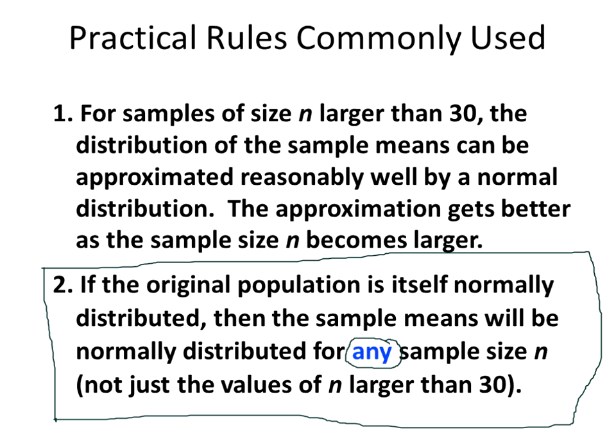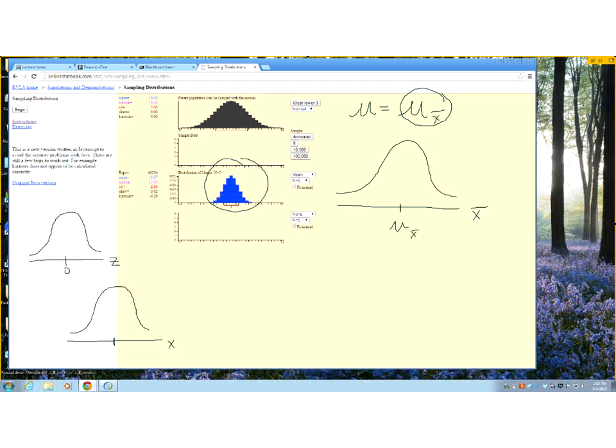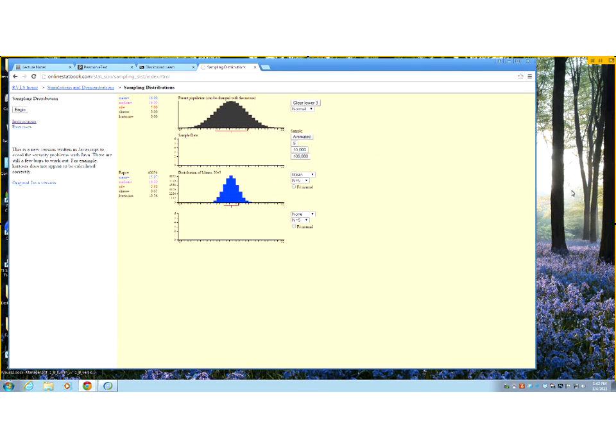So I'm going to take you back to the screen. All right, so I'm going to take you back to this, but now we want our distribution to be something other than normal. So maybe we can choose a skewed, maybe our population is skewed to the right.